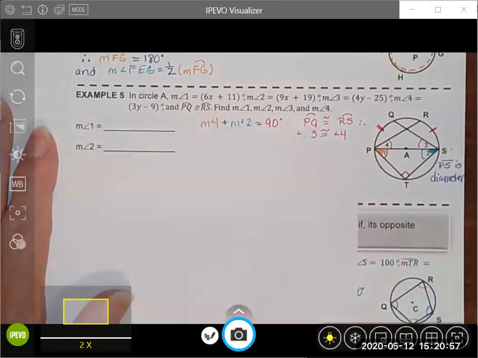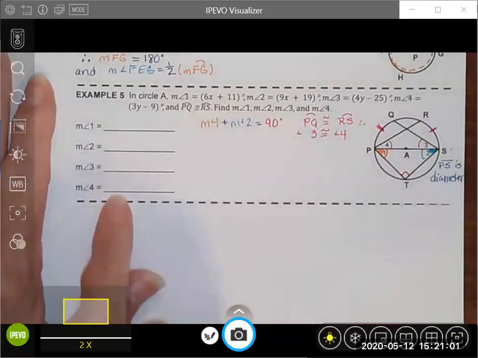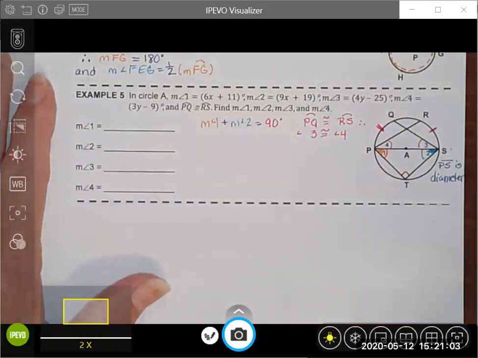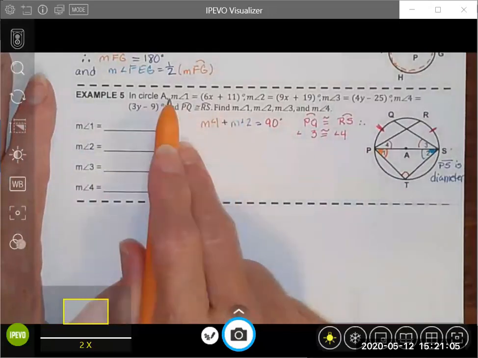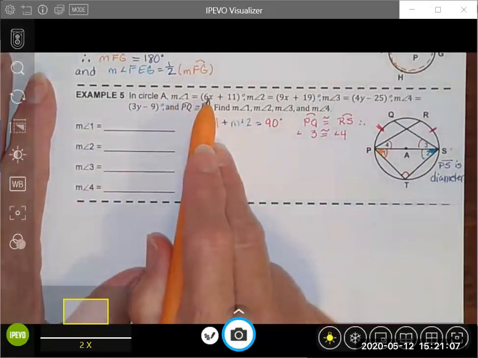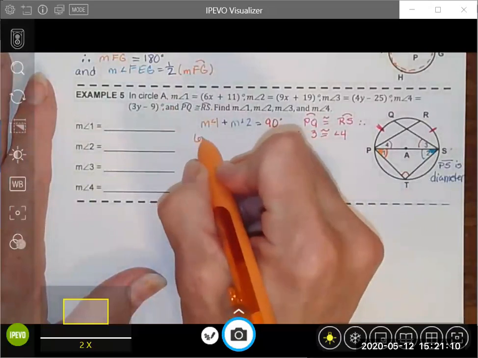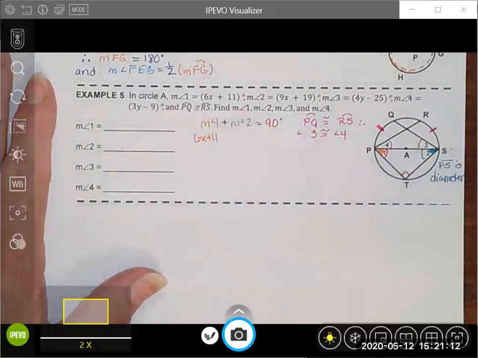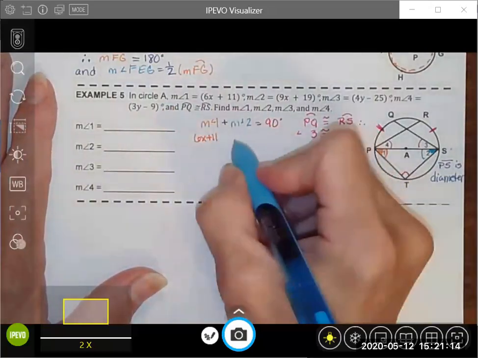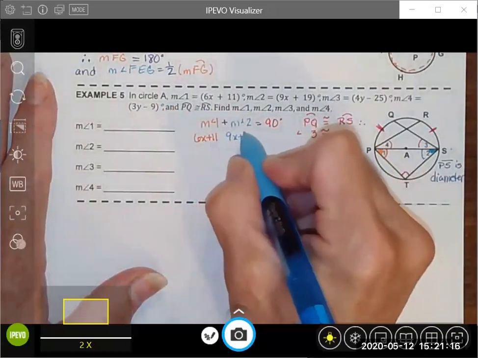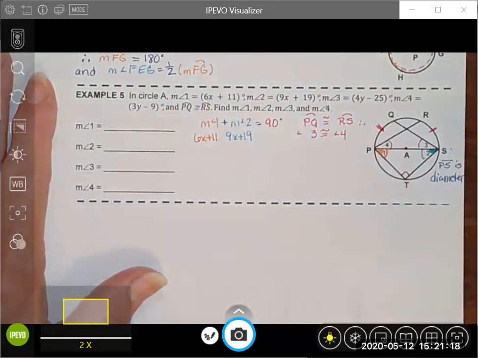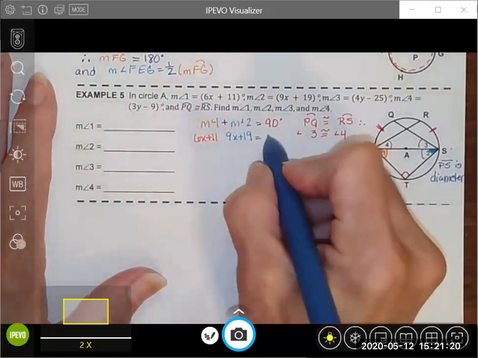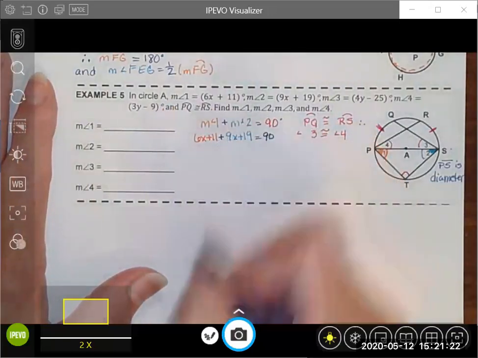That's essentially the geometry I need. From here, I'm going to do some algebra to solve for the different angle measures. I know that the measure of angle 1 was given to me. It's 6x plus 11, so I can substitute that in. I know the measure of angle 2, that was 9x plus 19, and I know that these will be equal to 90 degrees when added.